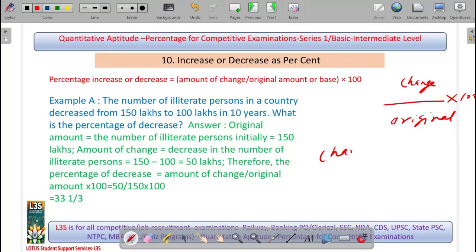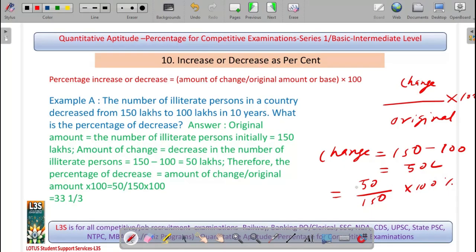So the change here will be 150 minus 100 lakhs. Okay, that is 50 lakhs. Illiterate people will be 50 lakhs. Change will be 50 lakhs and the original is 150 lakhs. So the percentage of change will be 50 divided by original into 100%.